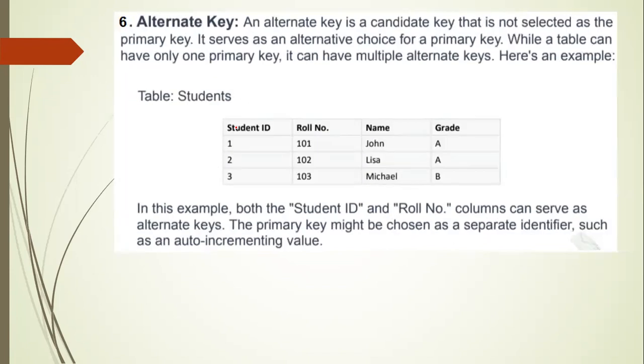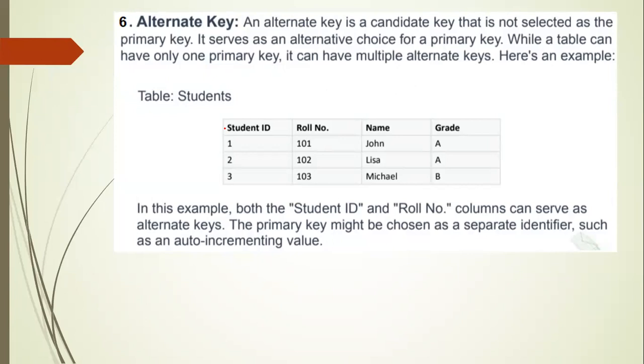One more, we'll go with the alternate key. So what does alternate key mean? In a table, it is possible to have more than one key which can identify each row of a table uniquely. That is the main point. I'm repeating that: it is possible to have more than one key which can identify each row of a table uniquely.